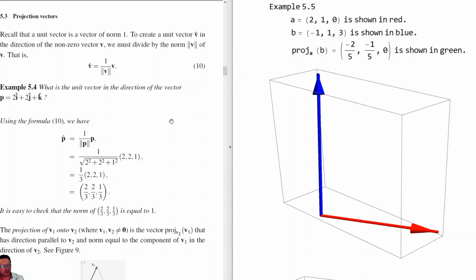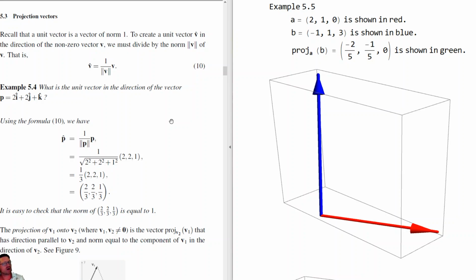Okay, question or example 5.4. What is the unit vector in the direction of the vector 2, 2, 1? So we need to calculate the norm of it. So the norm of 2, 2, 1 is the square root of 2 squared plus 2 squared plus 1 squared, which is the square root of 4 plus 4 plus 1, or the square root of 9.